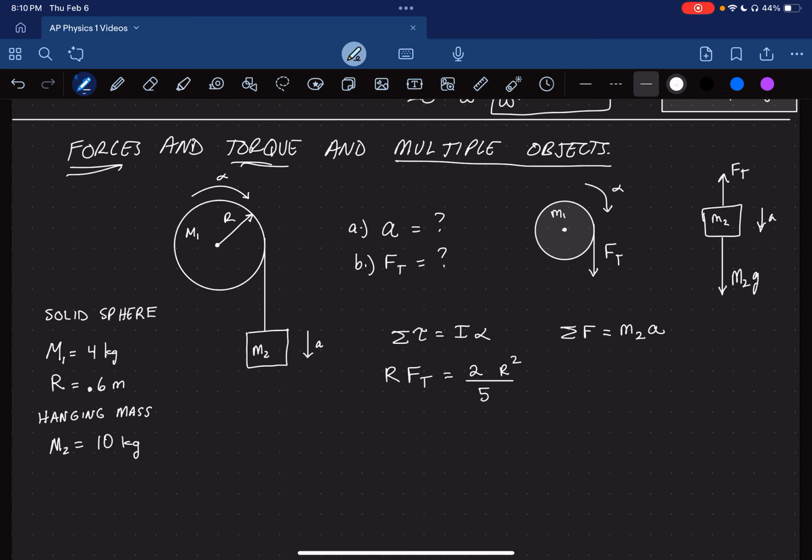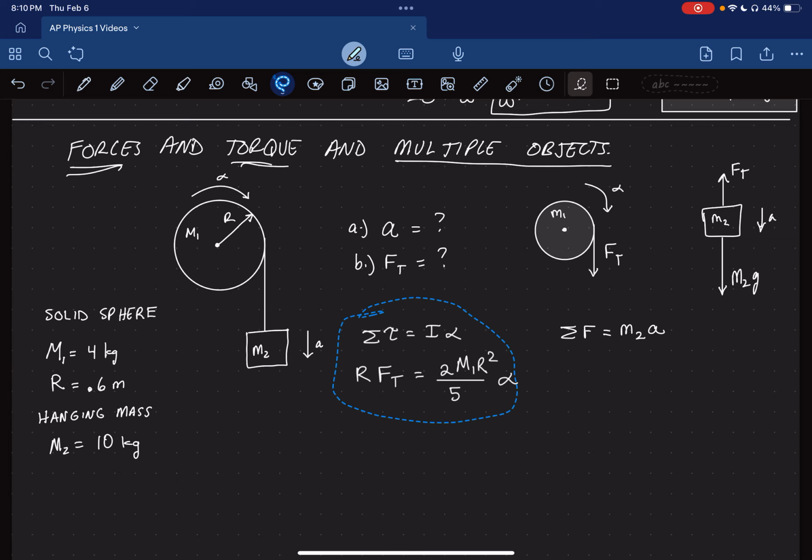And before we get carried away here, there's two masses in this problem, m1r squared times alpha. My equations are too close together. And you know what? I think I'll leave it here for now.